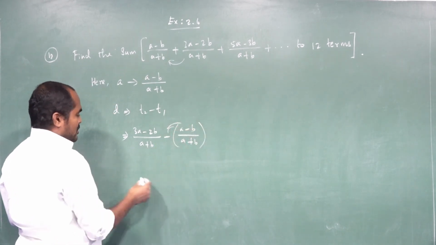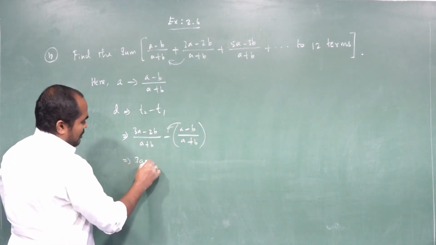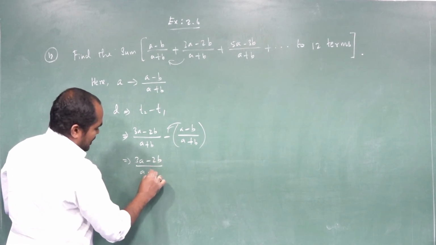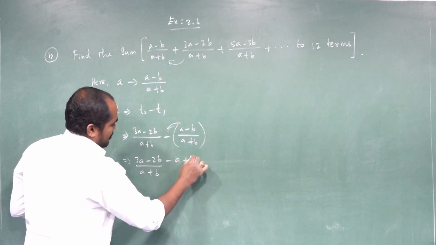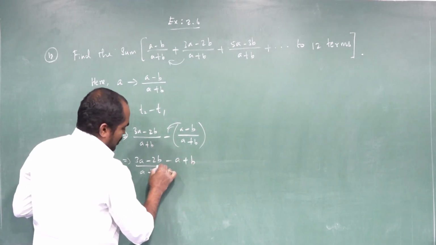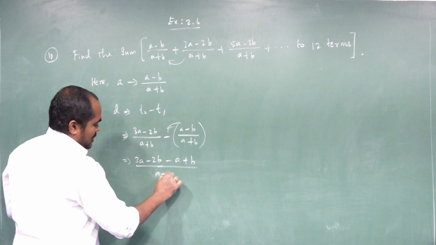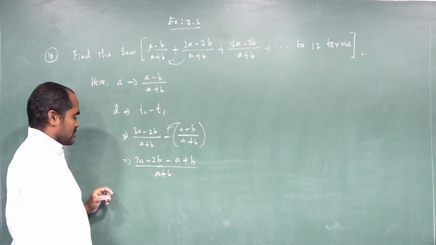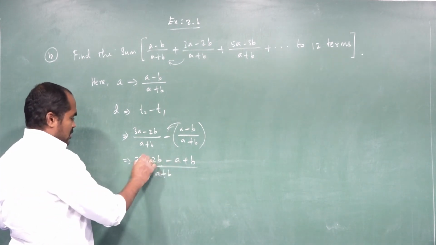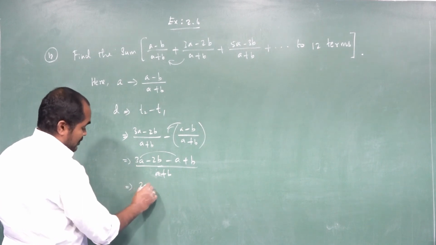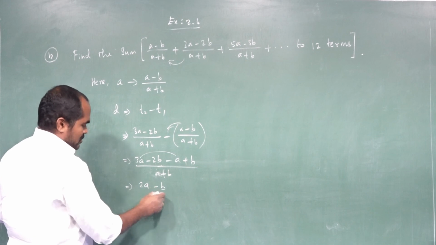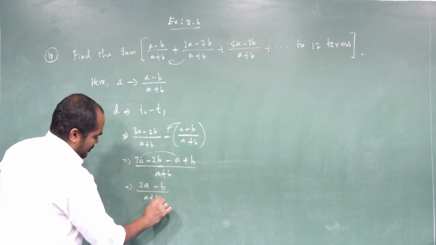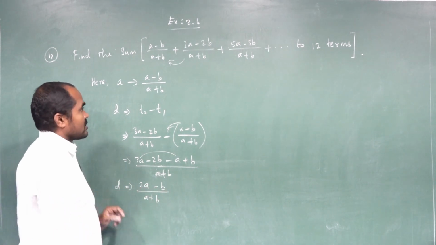Since a plus b is the common denominator, we get 3a minus 2b minus a plus b, divided by a plus b. So 3a minus a is 2a, minus 2b plus b is minus b, by a plus b. So this is the common difference.